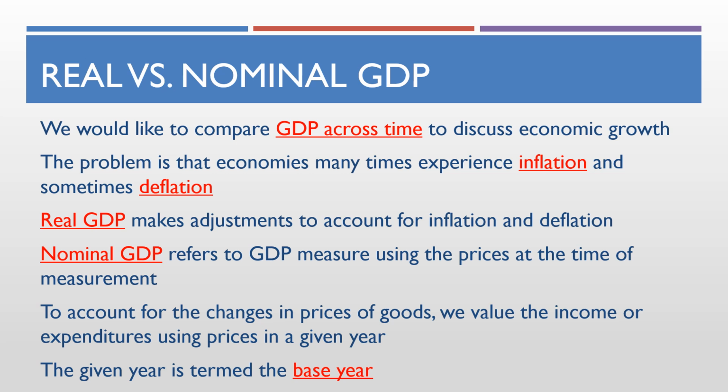The confusion here is usually students will ask, so when is that base year and how are we going to set that base year? To be honest, at this very beginning level of class, you don't have to worry about when and how we're going to set the base year.